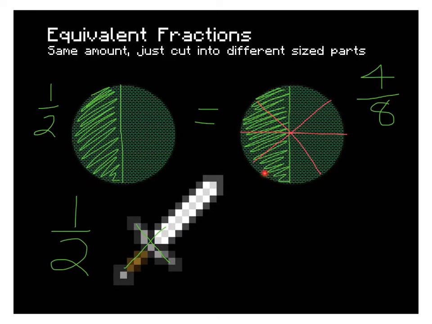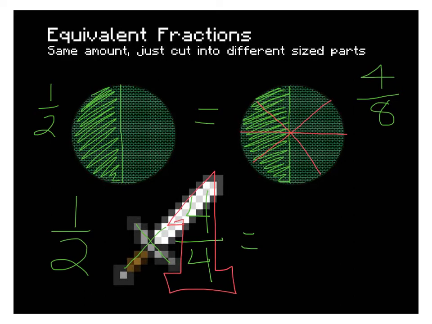So this was the piece I started with. I cut it into 1, 2, 3, 4 smaller pieces. So we're multiplying by 4 over 4. 4 over 4 is equivalent to 1. So I can multiply by that without changing the value of 1/2.